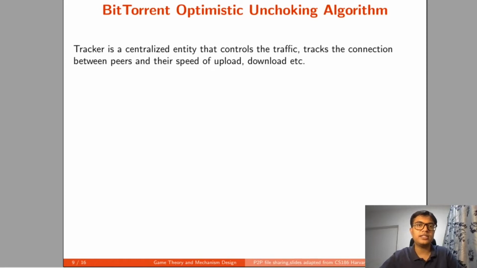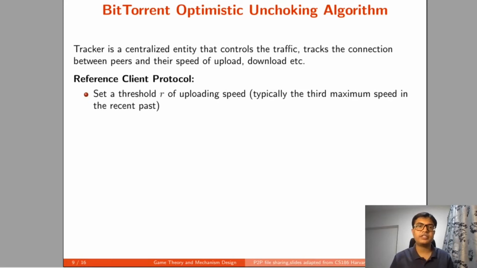Now, what does the BitTorrent client or protocol use? BitTorrent uses an algorithm known as the optimistic unchoking algorithm. As I said, the tracker is a centralized entity that controls this traffic, tracks the connections between peers, the speed of upload and various other parameters. It is essentially tracking everything.